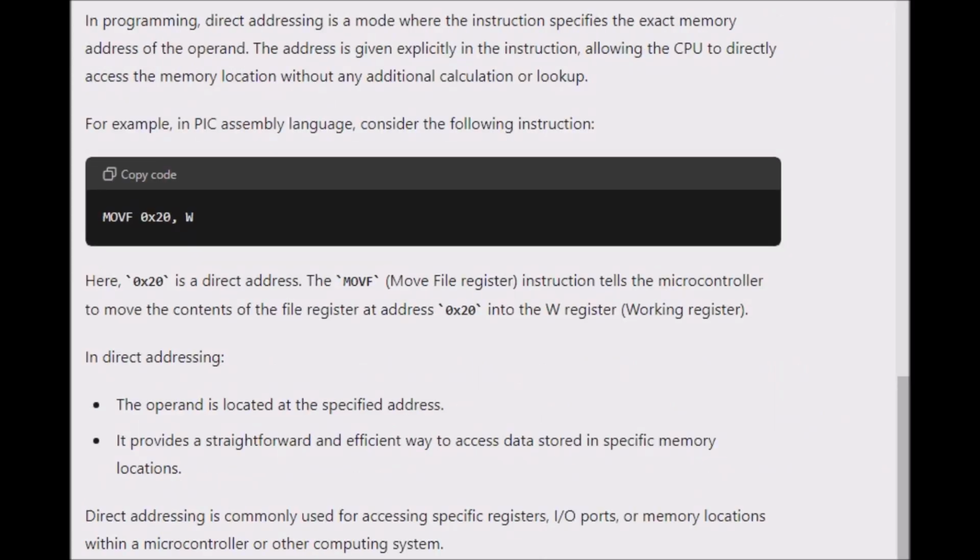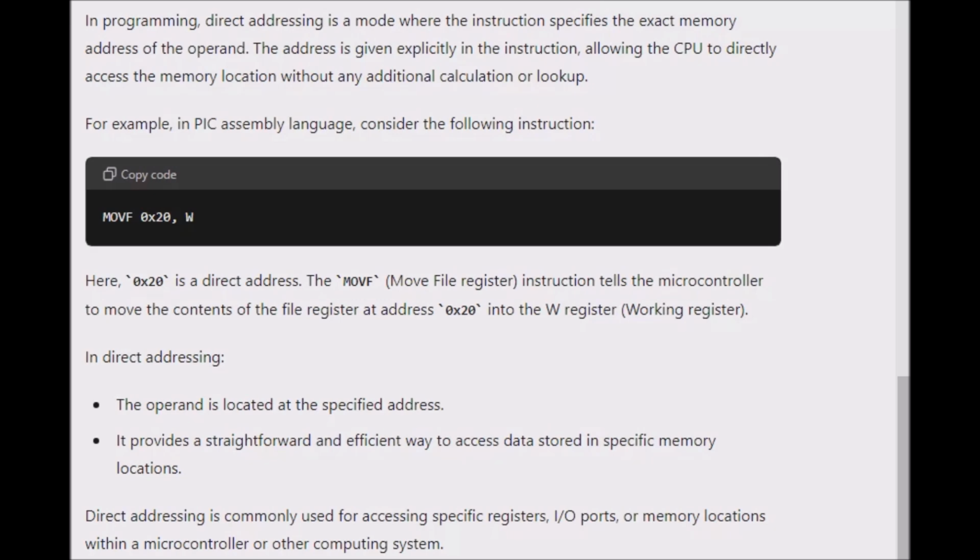Alright, so the next definition I would like to cover is direct addressing. So in programming and in PIC programming, direct addressing is a mode where the instruction specifies the exact memory address of the operand.